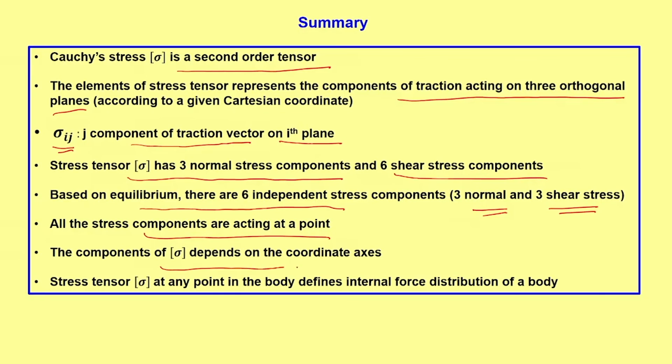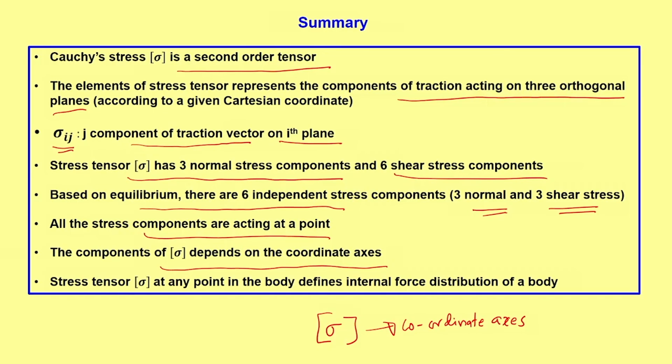The components of sigma depend on the coordinate axis. Please note here, as such sigma is not dependent on the coordinate axis, but the components of sigma, I mean to say sigma x, sigma xy, those are the traction vector components, they are dependent on the coordinate axis.